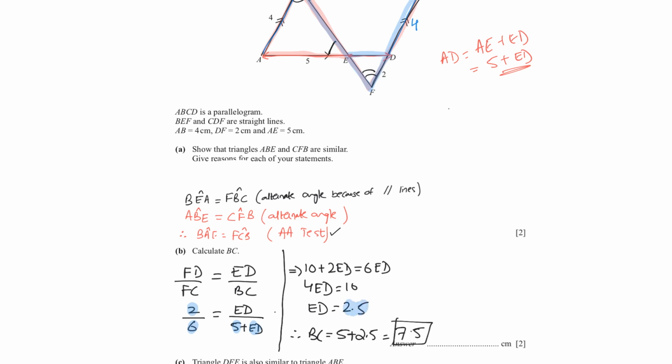When ED is 2.5, the total length of AD will be equal to BC, which will be equal to 7.5, because BC is just equal to AD, which is the sum of AE plus ED. If AE was 5, ED was 2.5, then BC would also be 7.5.